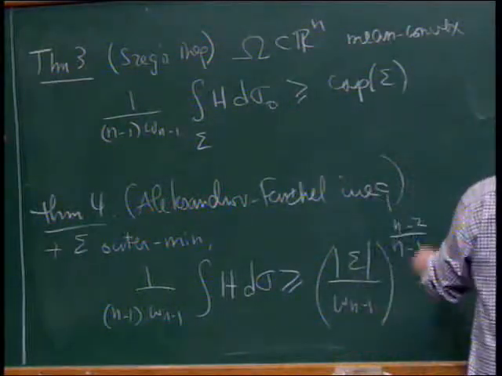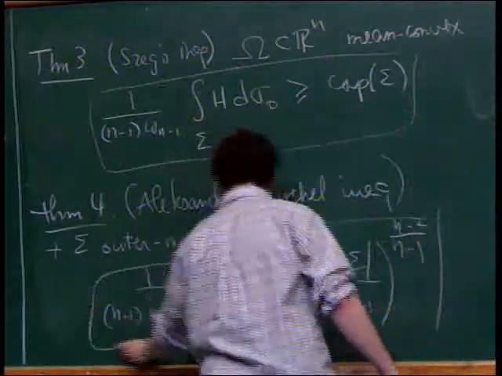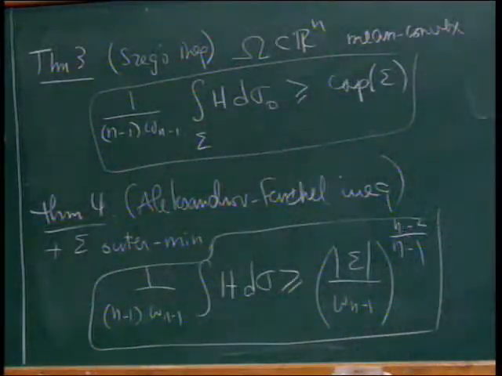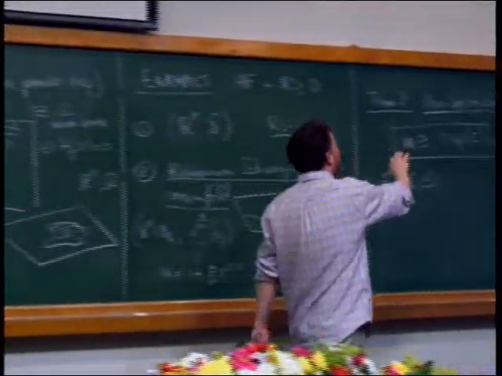So in the last few seconds, let me just say some words about this. First of all, the proof of these things uses some classical analysis and some inverse mean curvature flow techniques in all dimensions. And let me just say that the mass capacity inequality was known.